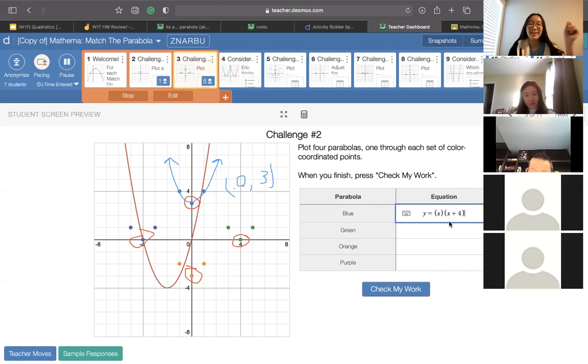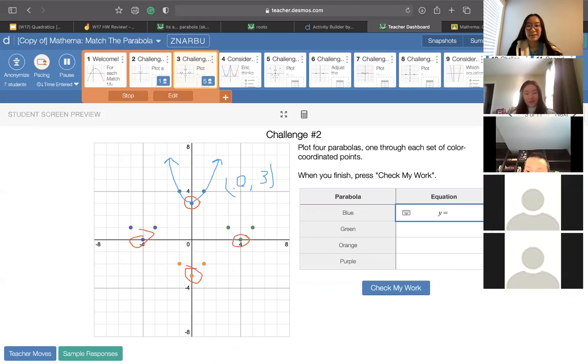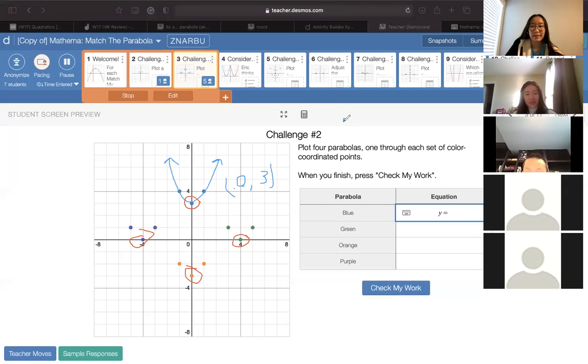All right, that's a good guess. We're trying to do the blue one. So let's go back on this vertex and I'll write the equation up here again. Wait, Yolanda, check the chat. Oh, did someone put the answer in the chat? Okay, let's try that one.